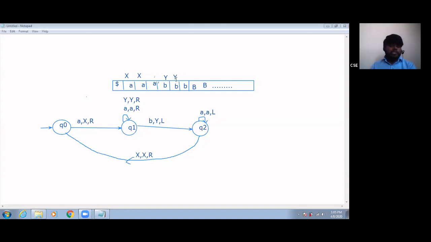Y. Because I replaced B with Y and I have moved left-hand side, that is Y. I am at the state Q2, my input processing symbol is Y. We don't have a transition, you have to define it here now. For any number of Y's also, you have to move left-hand side.